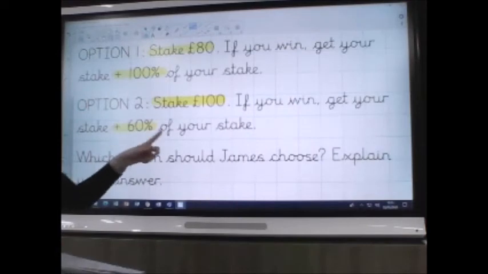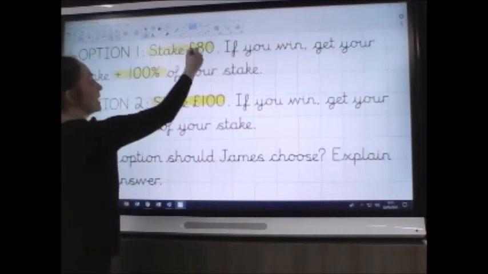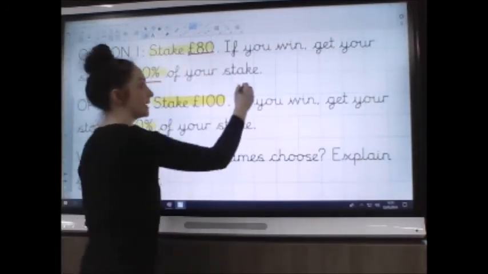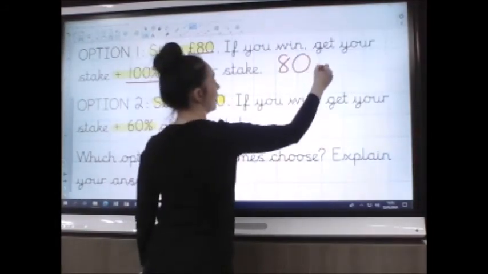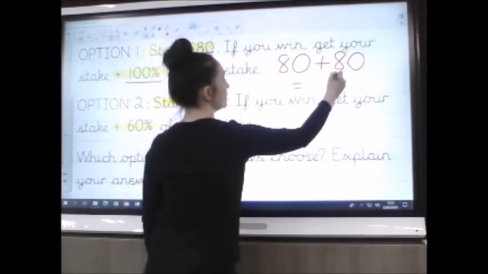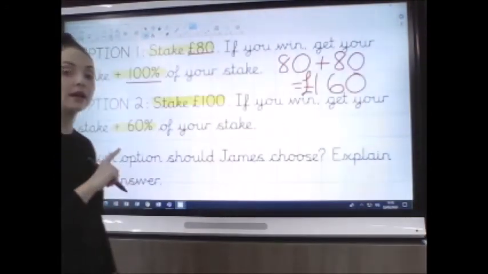So he gets another 60% of £100. Which option should James choose? Explain your answer. So he gets £80 here and he gets 100% of that. So he gets another 80. So for this one, he gets 80 add 80, which is £160 if he wins.